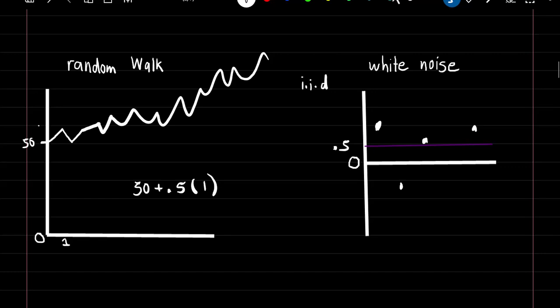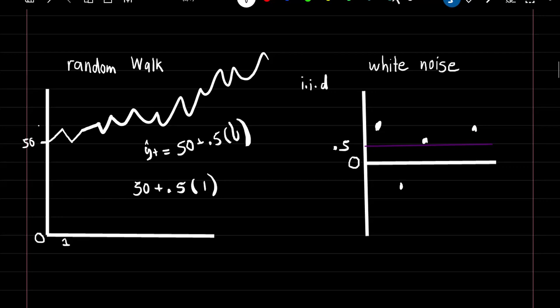So over one interval, we expect it to increase by on average 0.5. Over 2 terms, we expect it to increase by 1, and so on and so on. So if we're to make a prediction using our random walk, we can just say our predicted value at time t is equal to our value at 0 plus 0.5 times the length.